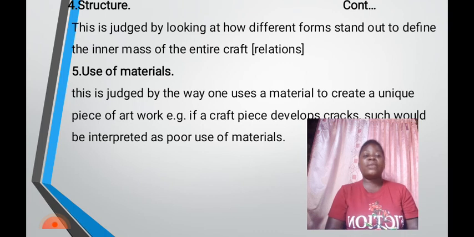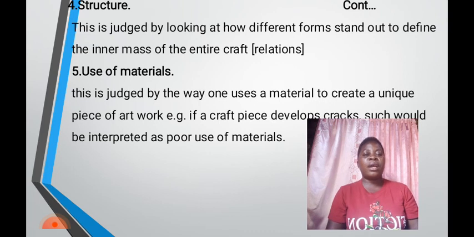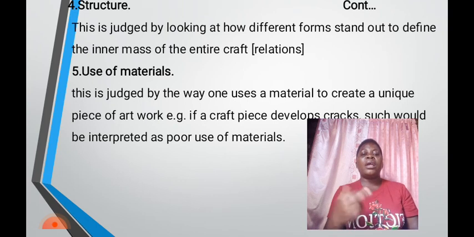Another factor is the use of materials. This is judged by the way one uses material to create a unique piece of art. For example, if a craft piece develops cracks, such would be interpreted as a poor use of materials.